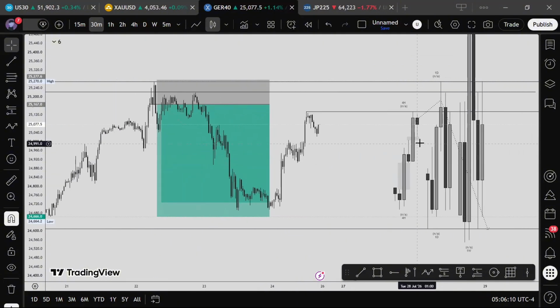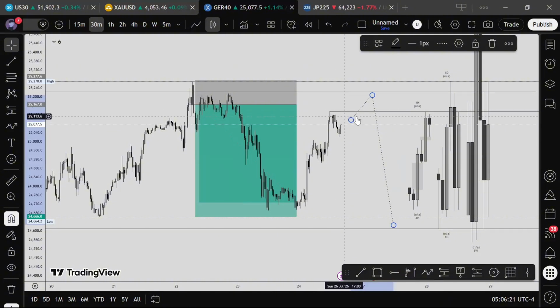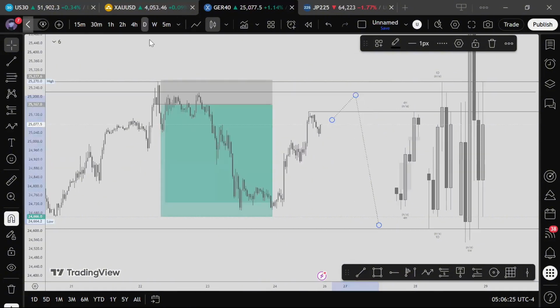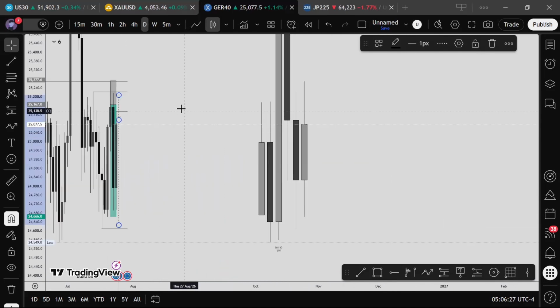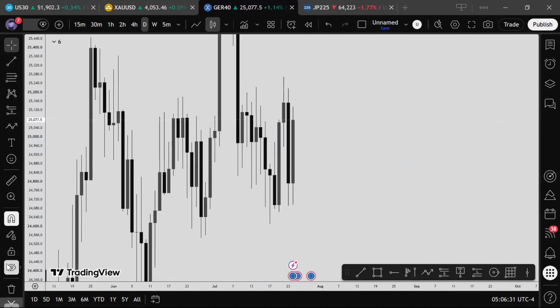So actually my expectation for this coming week for this one is simple. We complete our liquidity cycle. We sweep this high here. So if you look at it back on the daily, what we have here is a key level, and we have this as liquidity.